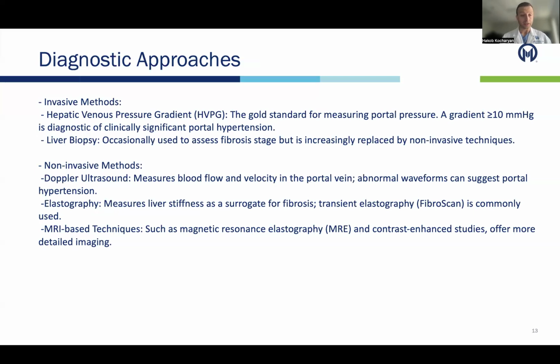Liver biopsy is a very critical tool in diagnosis of portal hypertension and cirrhotic patients, but remember that this is a pathological, histological tool and not a hemodynamic tool. As far as non-invasive methods, we have Doppler ultrasound, a very critical tool to measure portal flow direction and velocities, an irreplaceable tool for surveilling portal hypertension patients before and after portosystemic shunt creation.